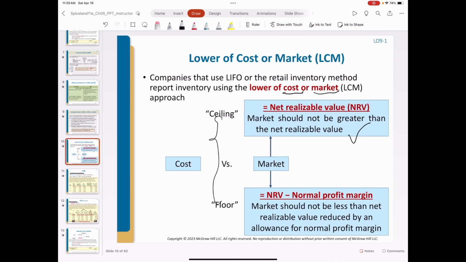The other is NRV subtract normal profit margin. And these two define the range of the market value: floor and ceiling. So ceiling represents the maximum, while floor means the minimum. And the market value actually is between these two.